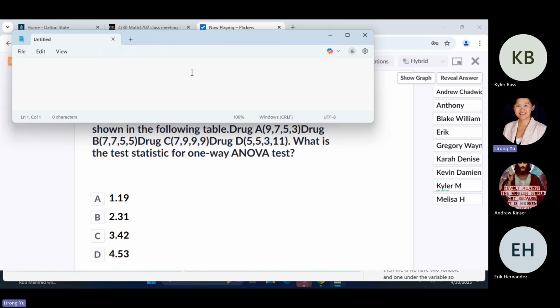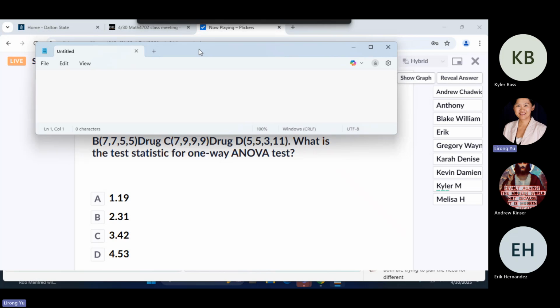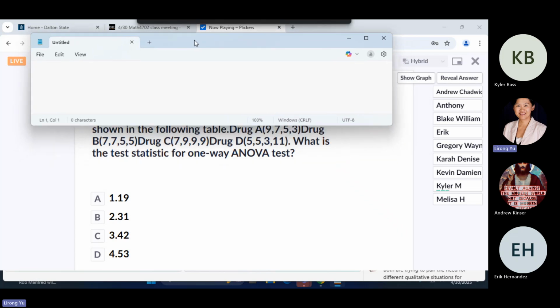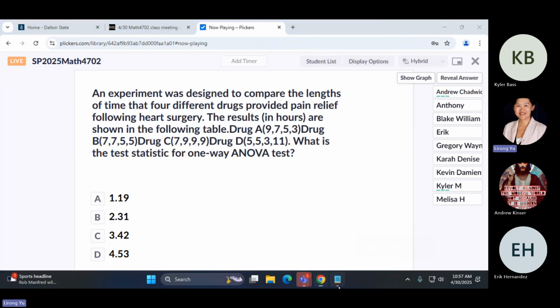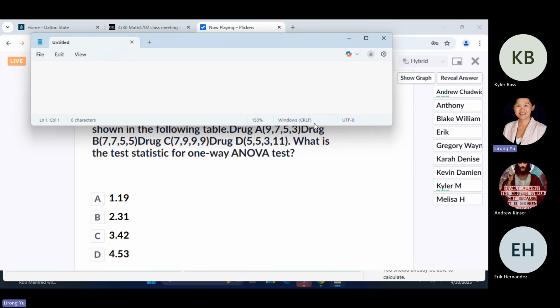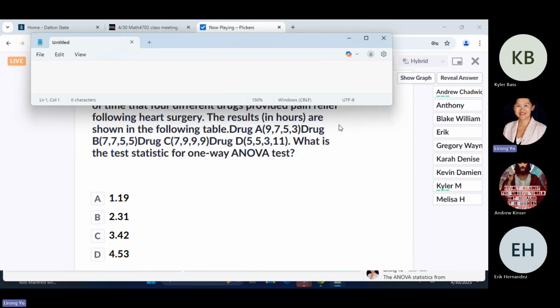So both are trying to compare the mean for different qualitative categories.